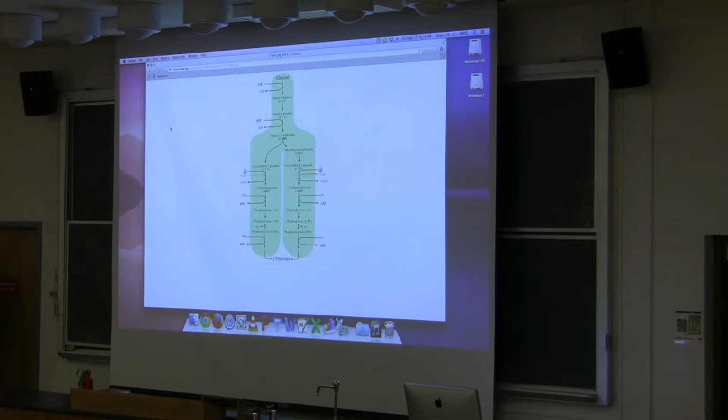There's no absolute about any of these things, all right? But really 2 phases. One phase is what we call the energy investment phase, and it's in this phase that the cell actually has to burn energy to start the process. In other words, it has to burn ATP to start glycolysis.